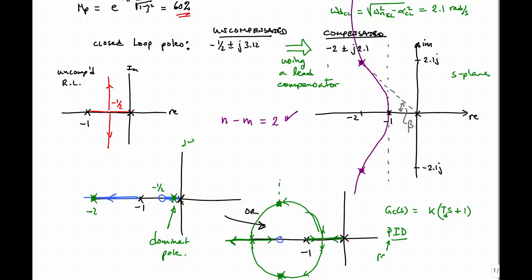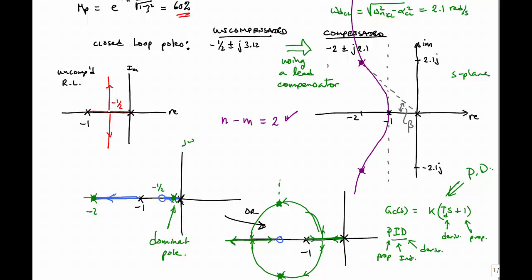Proportional, integral, and derivative control. And this compensator here has a derivative element and it has a proportional element. So this is a PD controller right here. Proportional derivative, no integral, but a proportional derivative controller.